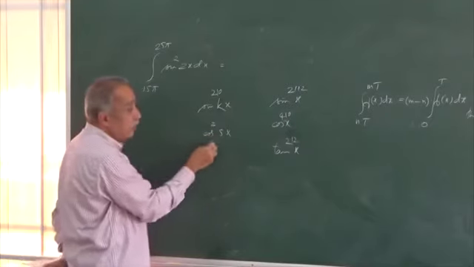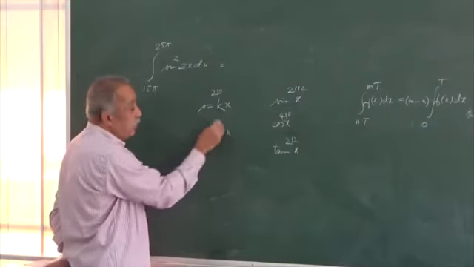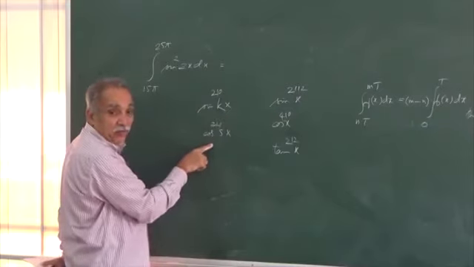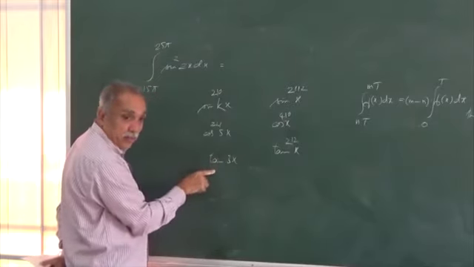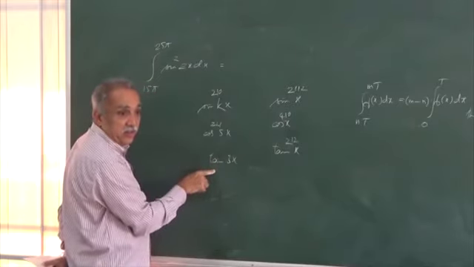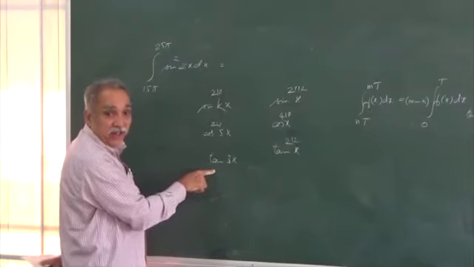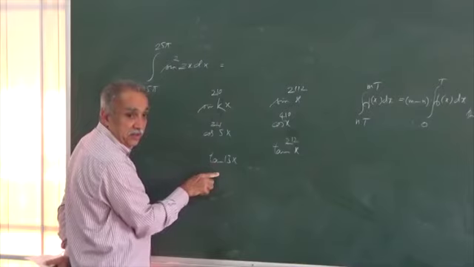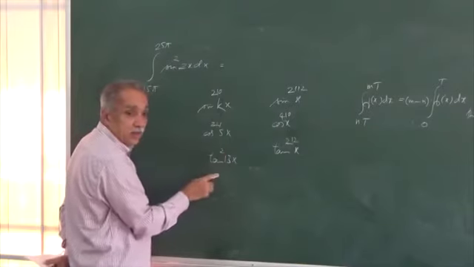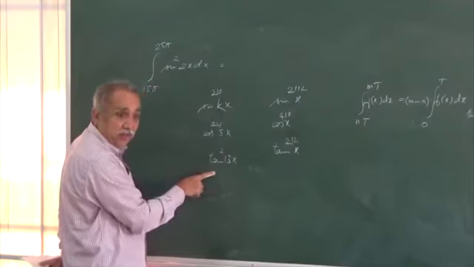Pi by 5. For tan x the period is pi, now pi by 3. Pi by 13. No further reduction. Pi by 13.